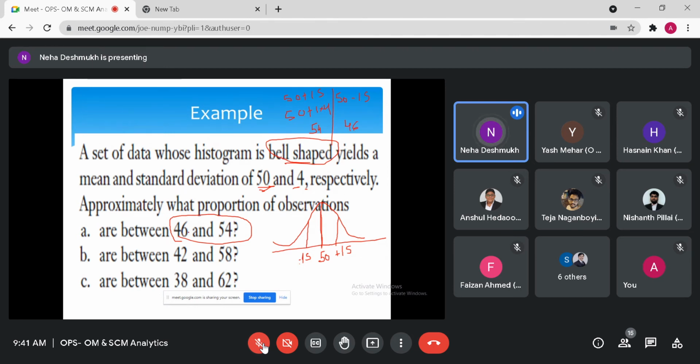So this 46 and 54 is the range of 1s. What does it mean? It means 68% of all the observations fall between this range by the empirical rule. Are you with me? Yes, ma'am. Is this clear? Yes, ma'am.